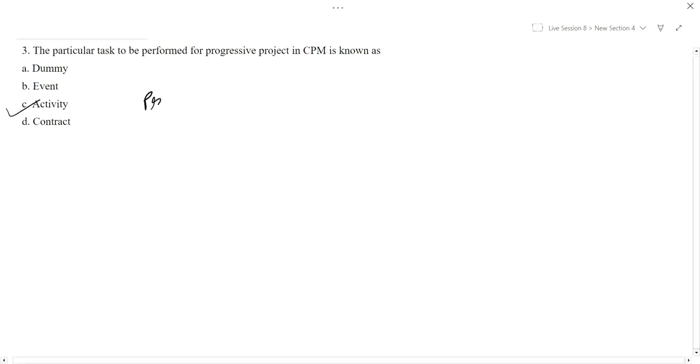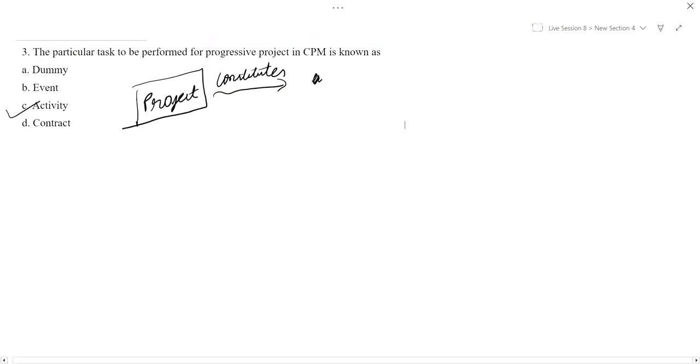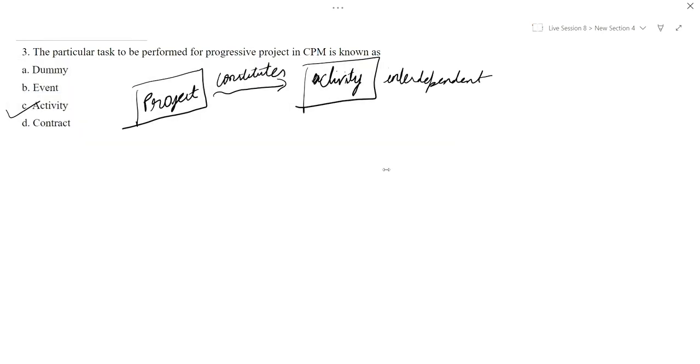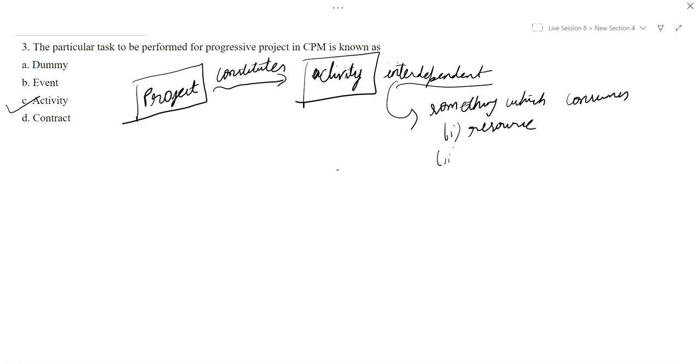A project constitutes activities, which are interdependent. An activity is something which consumes resource and time.